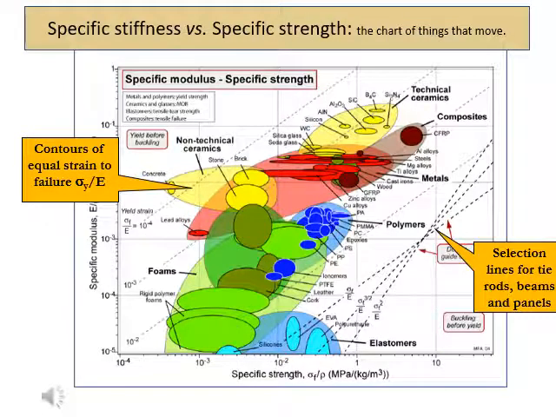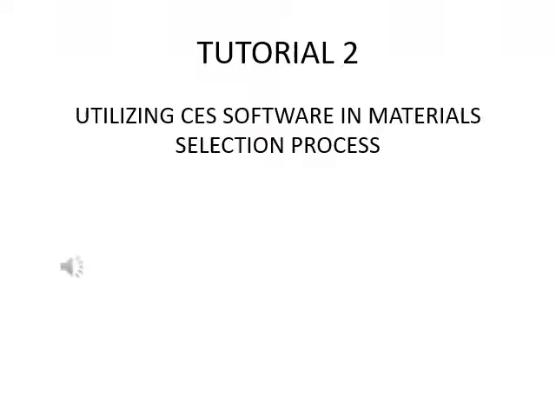The contour lines produced by this chart are also similar to the elastic modulus versus strength chart, where you will get yield strain. However, the chart shows the bubbles shifted towards the left because they are already divided by their respective density.